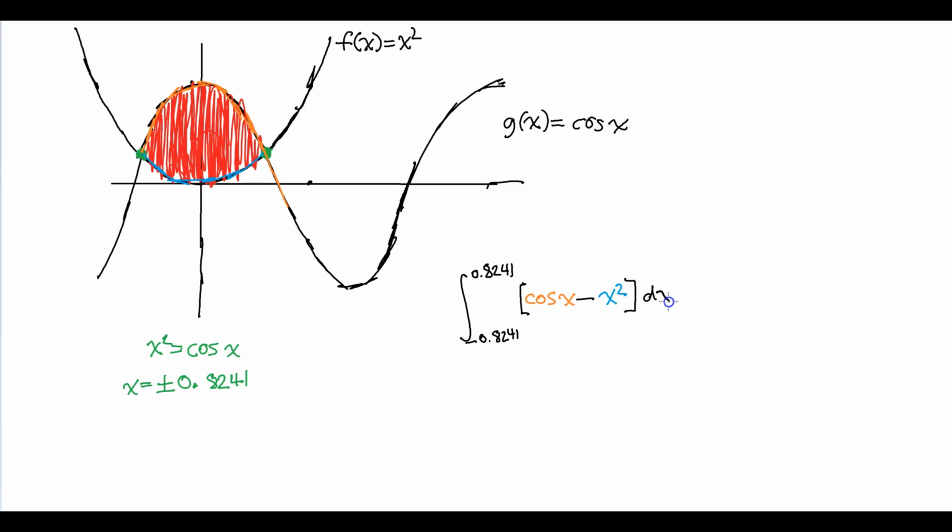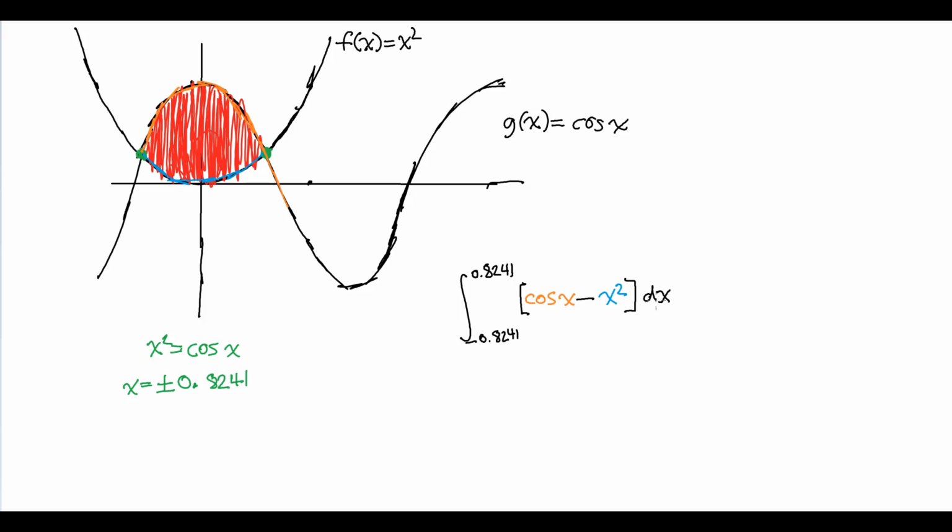But it's because of these points of intersection that you're going to need a calculator for this part. So you integrate the function on your calculator. Okay, so you have cosine x minus x squared. We integrated with respect to x from negative 0.8241 to positive 0.8241.